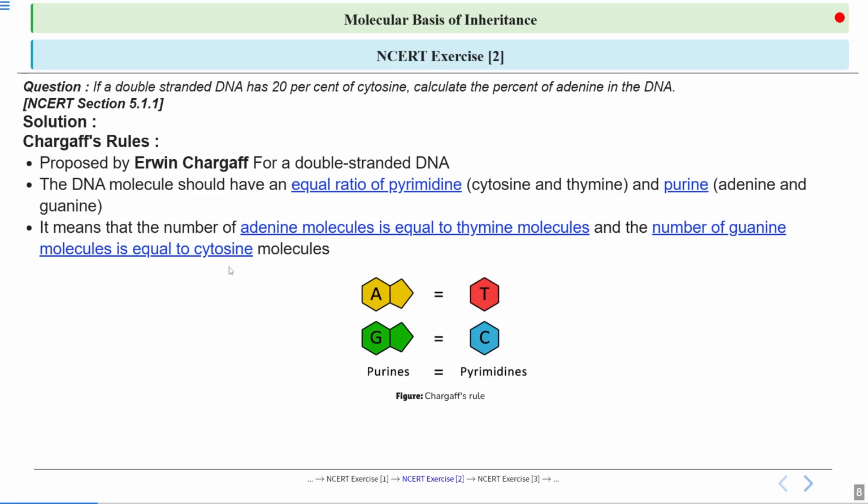So if there are 20 adenine, there will be 20 thymine also, because there will be base pairing among them. In the same way, if there are 80 guanine, then there will be 80 cytosine also. Base pairing means they are complementary to each other.